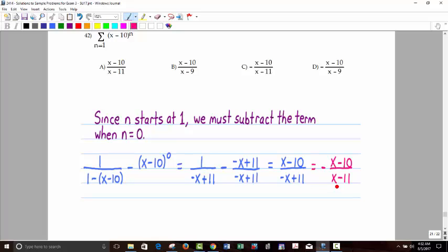If you pull a negative out of the denominator, that makes it x minus 11. Just stick the negative out to the outside, so it's answer C. But yeah, it just had to be rewritten to make it look like the right answer. So that concludes this video for the sample problems for exam 3.